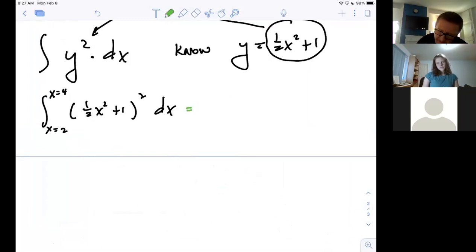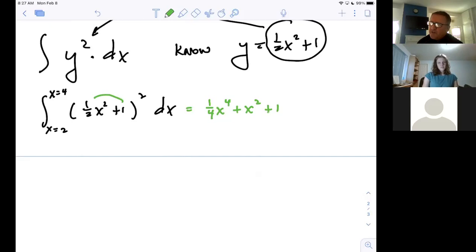So if I take 1/2 x squared squared, that'd be 1/4 x to the 4th. And when you FOIL something out, the middle one will be these two multiplied times 2. So 1/2 x squared times 1 times 2 is x squared, and then 1 times 1. I think that's what I get if I square this out. And so now I don't have a function inside of a function, and then it's just power rule. See how it made my life easier?